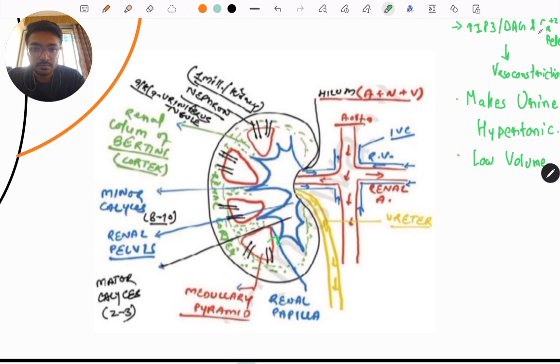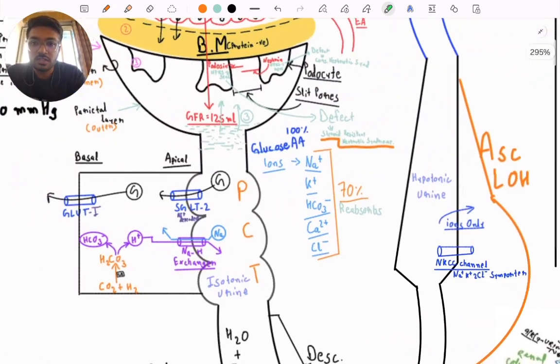Then we have minor calyx, major calyx, renal pelvis, and this thing is the renal medullary pyramid. The tip of it will be the renal papilla and the space between will be the renal column of Bertini, outer cortex, inner medulla. So let's get started towards the nephron, which is the functional unit.